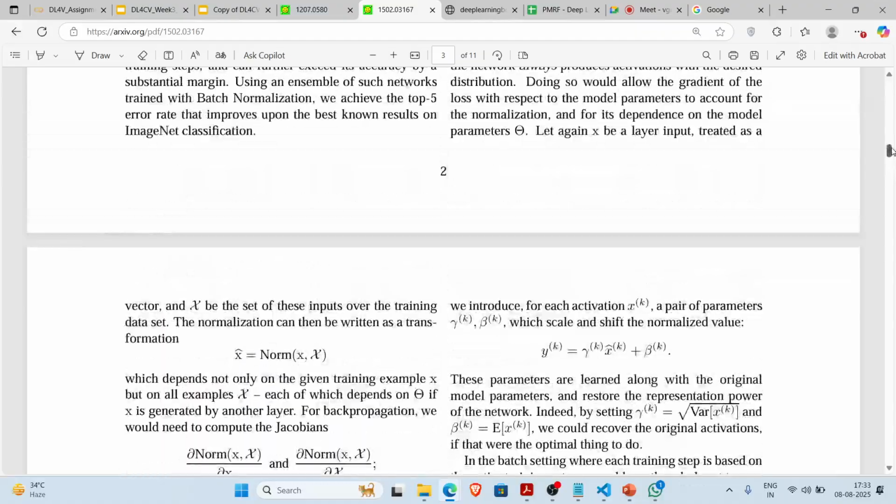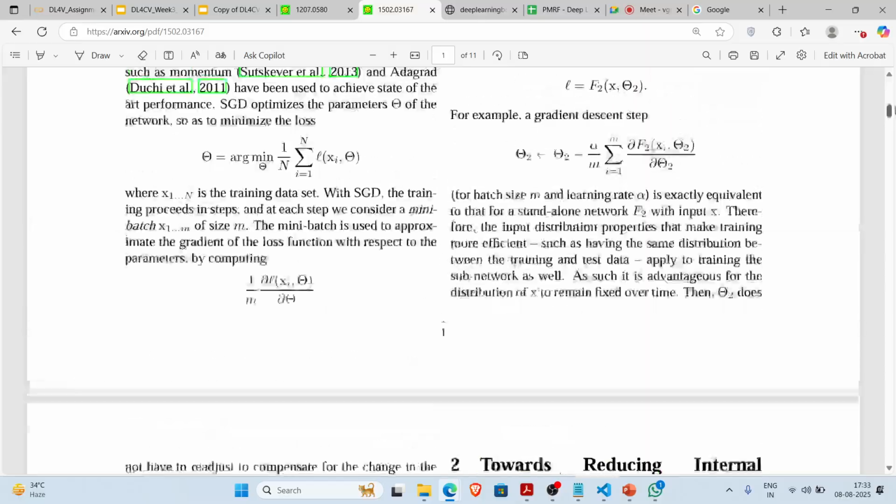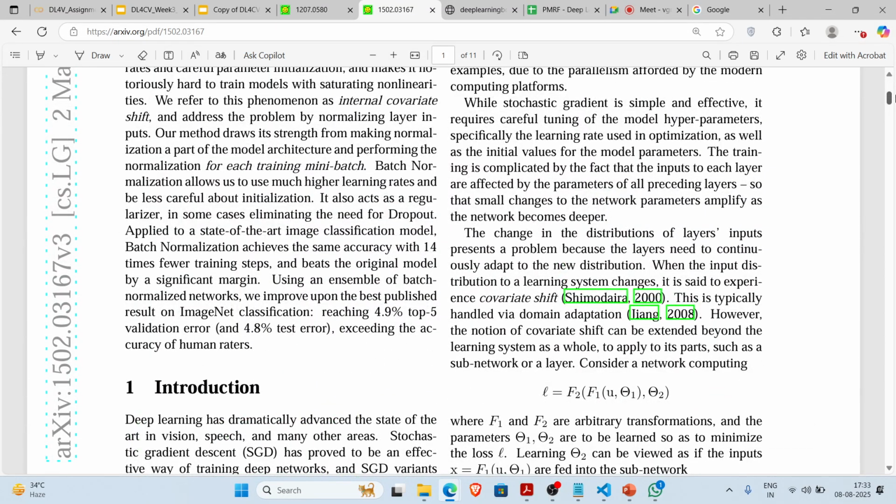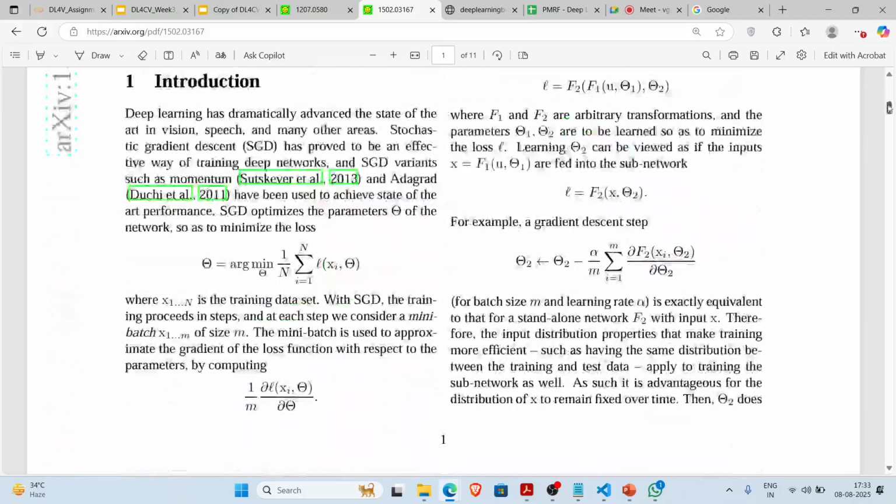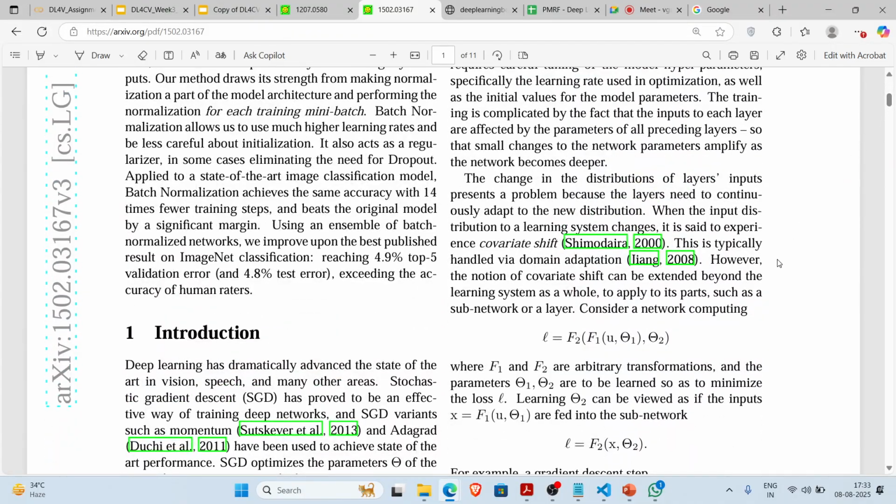So let me explain this. First, let's understand the internal covariate shift, okay. The changes in the distribution of layers' input present a problem because the layer needs to continuously adapt to the new distribution, okay.